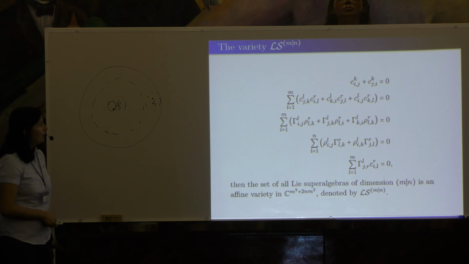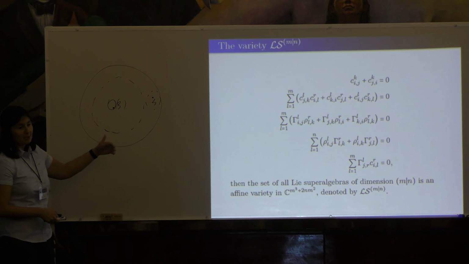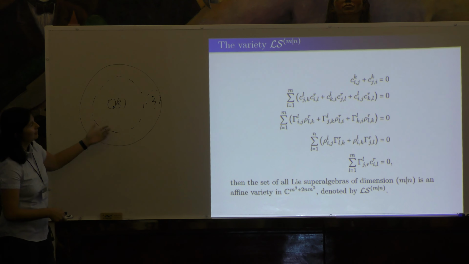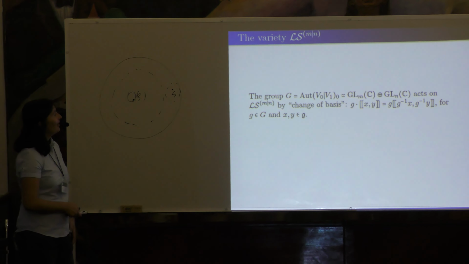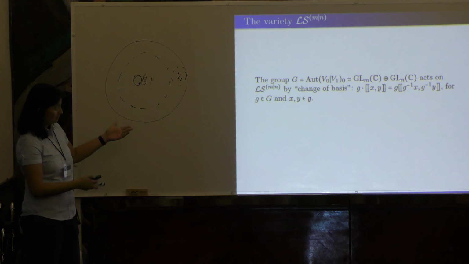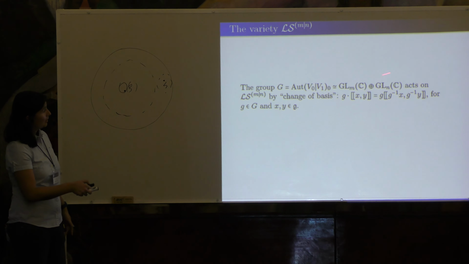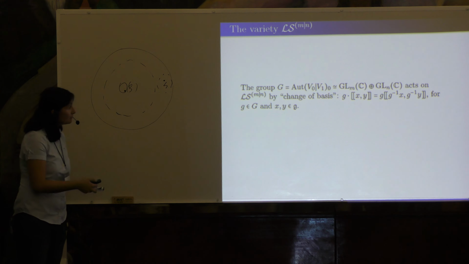I said that we first needed an algebraic classification, and then we needed invariants. In this variety, we have a group acting, which is isomorphic to GL_m plus GL_n.